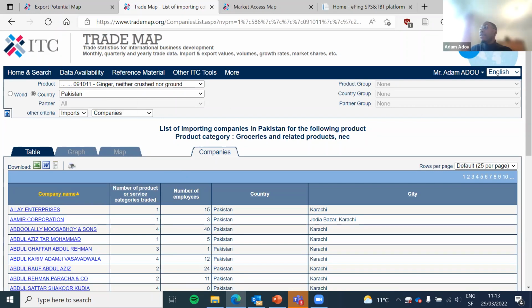If there are any other questions, I can answer them. So far, there's no additional question, but I would like to refer to the fact that this code covers neither crushed nor ground. What I'm talking about is neither crushed nor ground, so we're actually talking about raw fresh ginger.